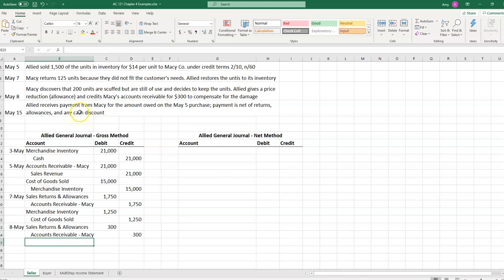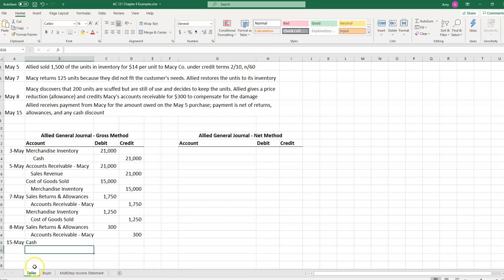Now it's May 15th, and we received payment from Macy for the amount owed on the May 5th purchase. This is 10 days after the purchase, so they've paid within time to get that 2% discount. May 15th, we're going to receive cash.